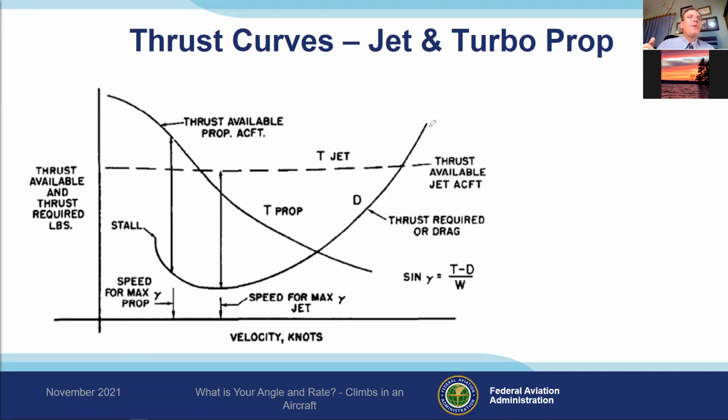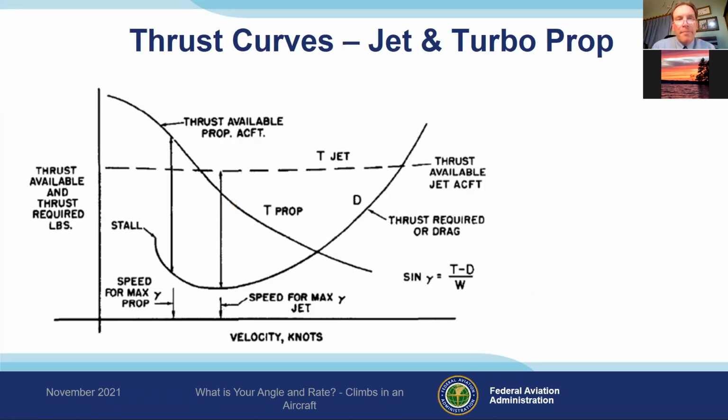The thrust available there is going to be a fairly flat curve. So as a result, the greatest difference between the thrust available and the thrust required is going to be right in this position where we see the lowest point on our thrust required curve.